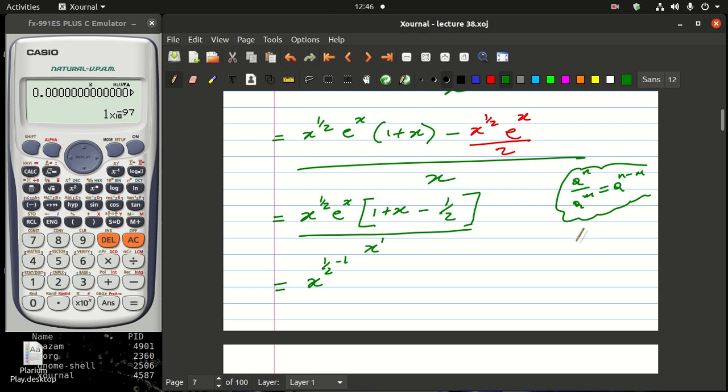And take note that whenever I have this box divided by, I'm going to say I have this box times another box here divided by this box star here.